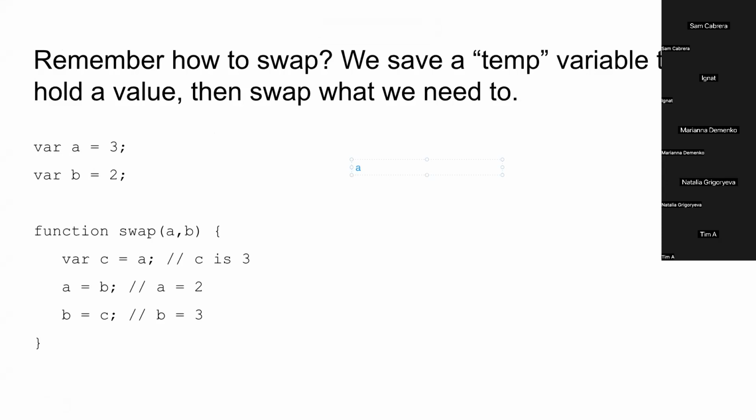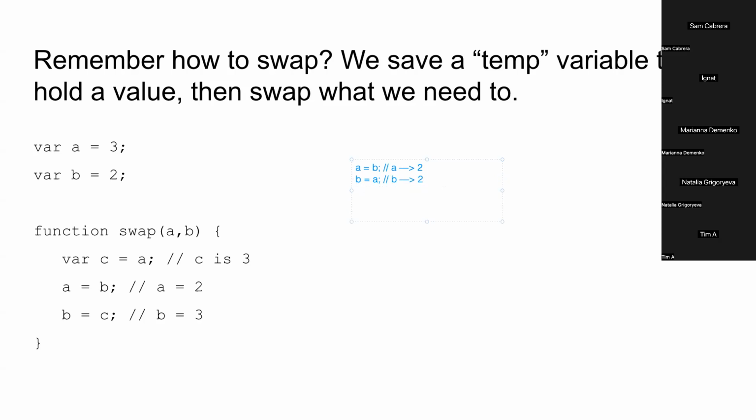If we just said A gets B, B gets A, A gets B. So now A is 2. Fantastic. B gets A. Well, A is 2. So B gets 2. And that's not what we want, right?